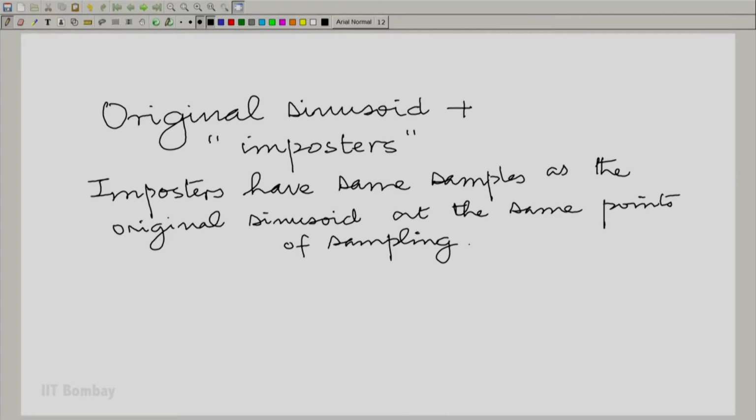The original sinusoid, as you recall, was essentially A naught cos 2 pi by T naught t plus pi by 4.